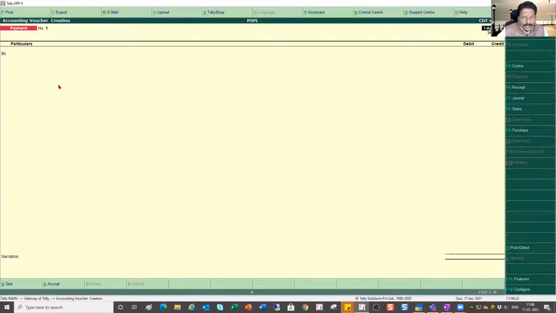Now let us first understand the different voucher types that Tally provides, the nature or functionality of each voucher, and when you would use it in Tally.